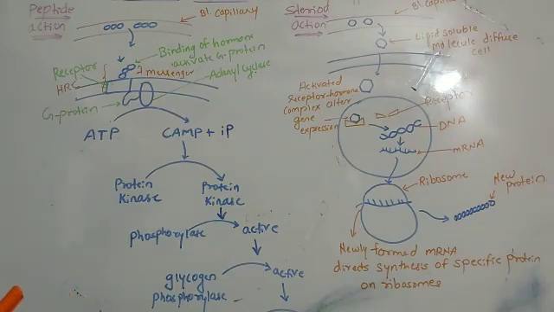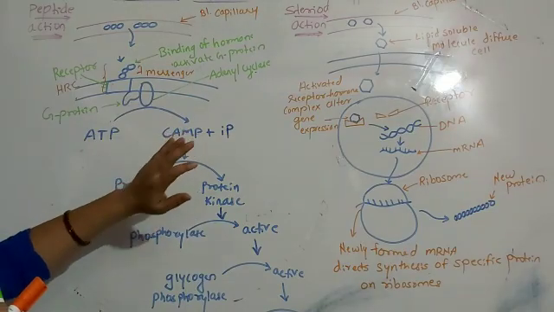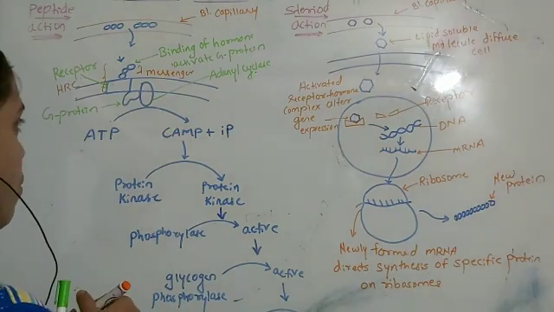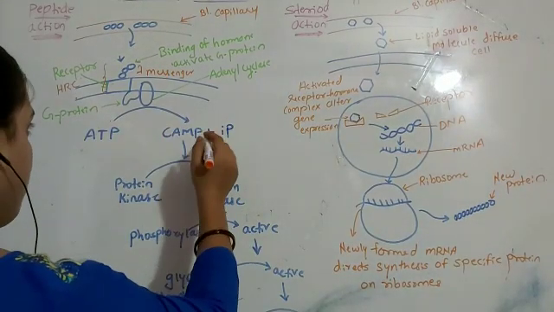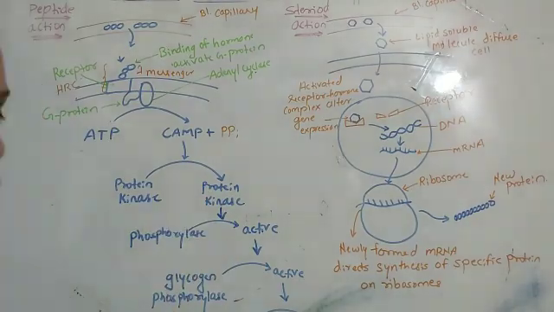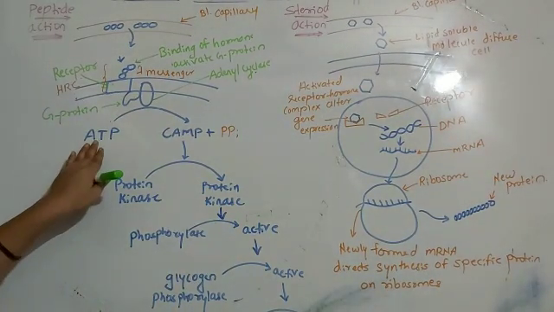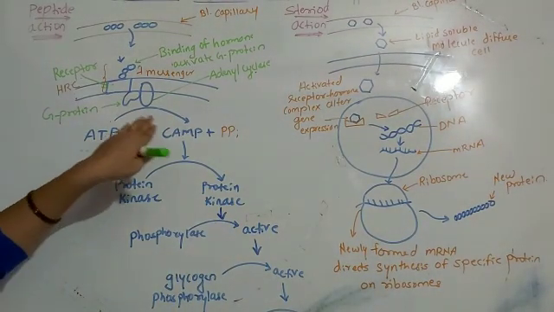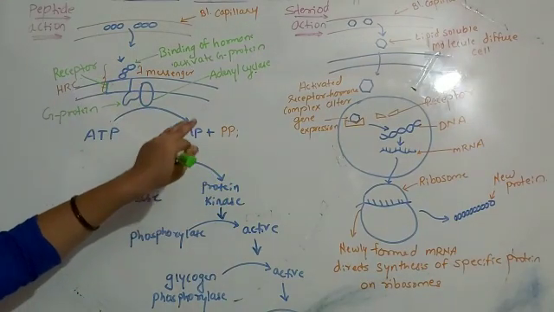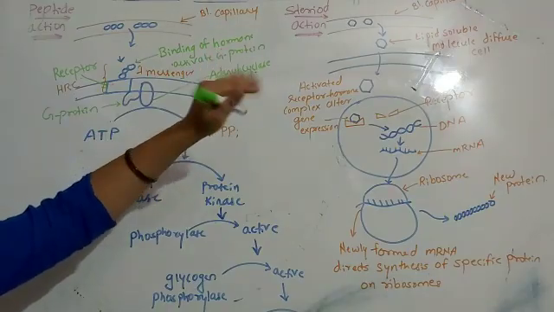We call it cyclic AMP, that is, cyclic adenosine monophosphate is converted, along with inorganic phosphate. That means ATP is going to degrade into phosphate groups by the enzyme adenyl cyclase.